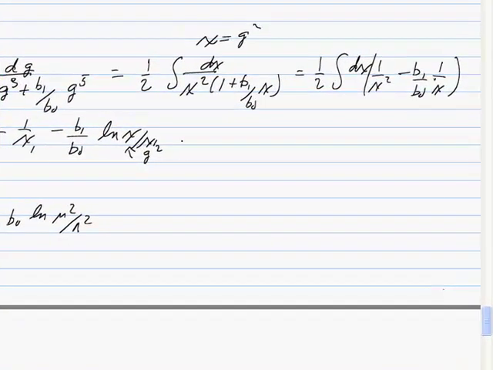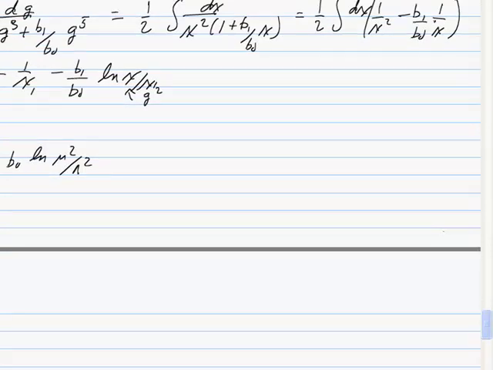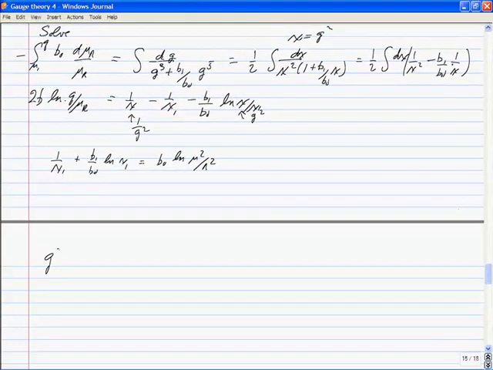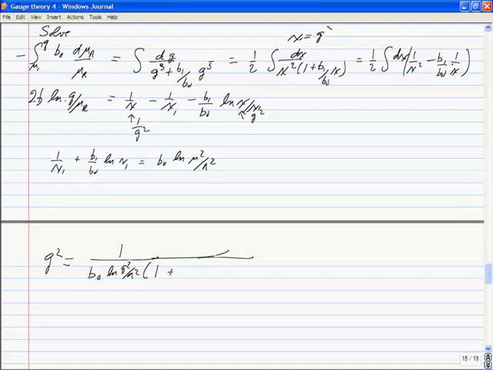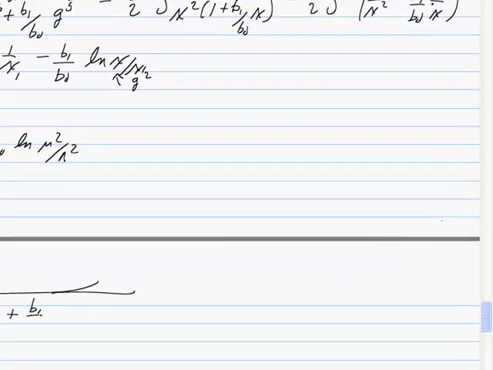So you pull a piece of that in, do a bunch of algebra, and you end up with g squared is the following. g squared is 1 over b0 log q squared over lambda squared as before, but then when I invert, I get also 1 plus b1 over b0 log g squared. I'm doing this perturbatively, divided by log q squared over lambda squared.